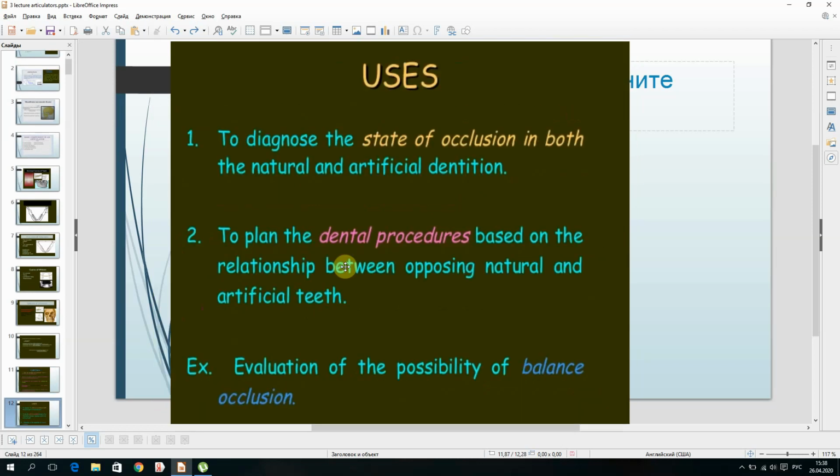Uses. To diagnose the state of occlusion in both the natural and artificial dentition. To plan the dental procedures based on the relationship between opposing natural and artificial teeth.